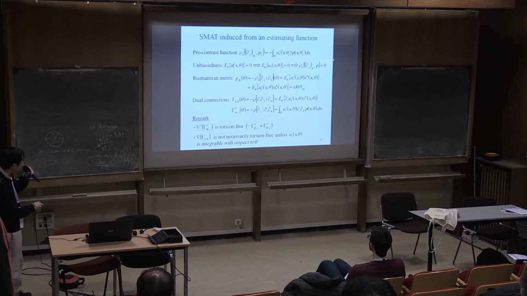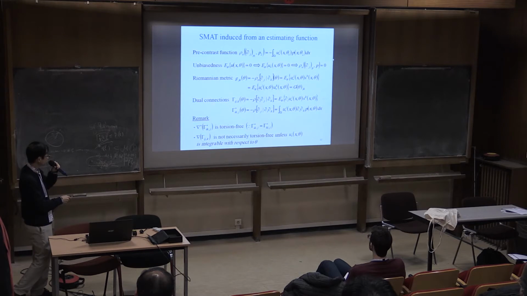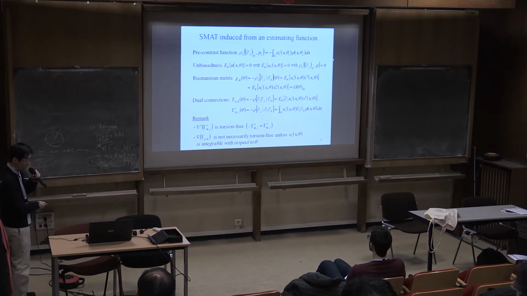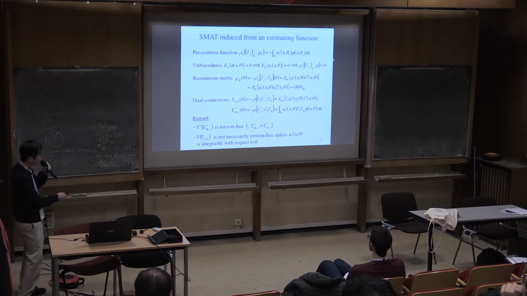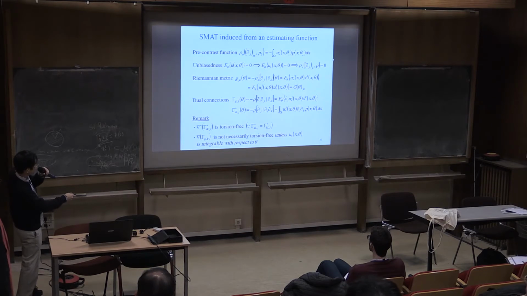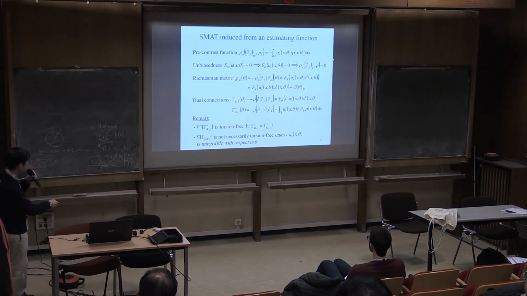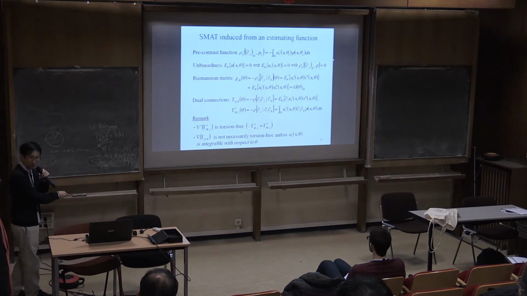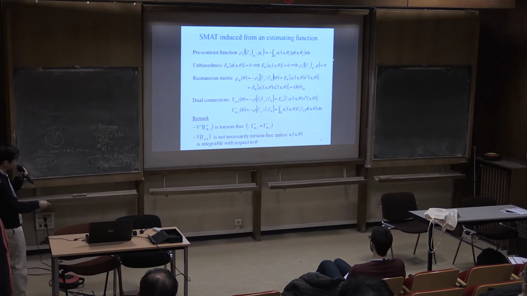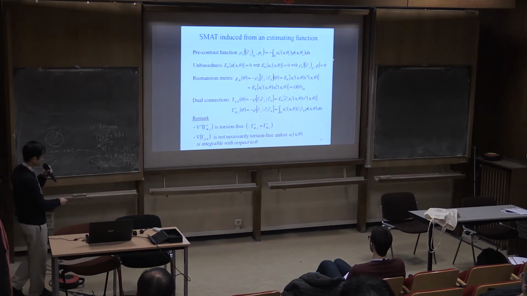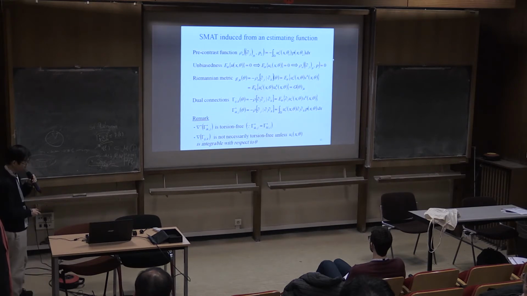And the coefficients of the dual connections are calculated like this. This form is very similar to the e-connection and m-connection, but the difference is here. Note that nabla star is always torsion free because this relationship holds, but nabla is not necessarily torsion free unless the standardization of u is integrable with respect to theta.